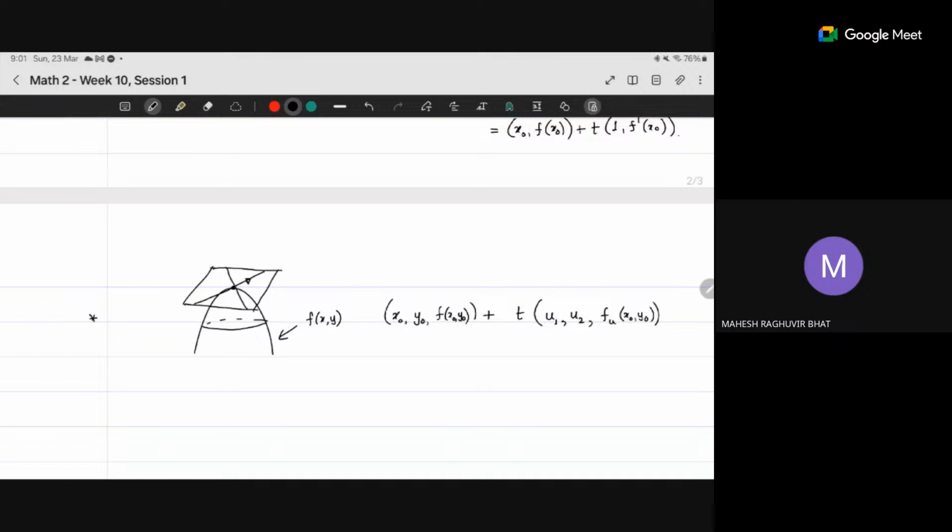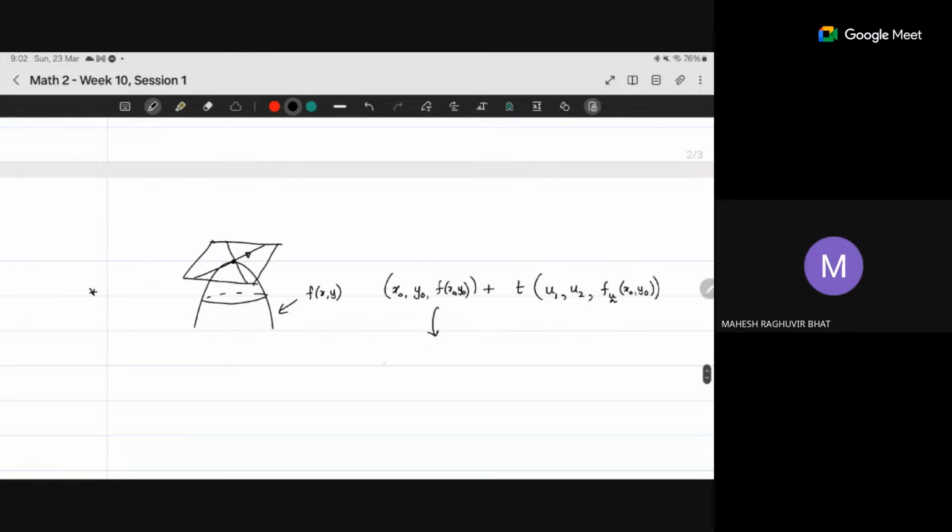The vector which spans the tangent line at the point is u1, u2, where u is a direction vector. If you take different direction vectors, you'll get different tangent lines. So for the direction u tilde equal to u1, u2, the vector u1, u2, f_u at x naught, y naught is the vector which spans the one-dimensional vector subspace corresponding to this affine subspace.